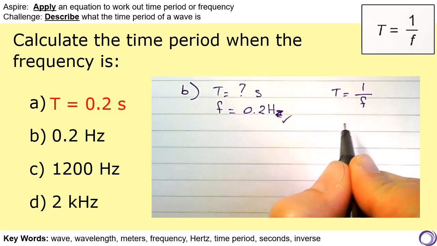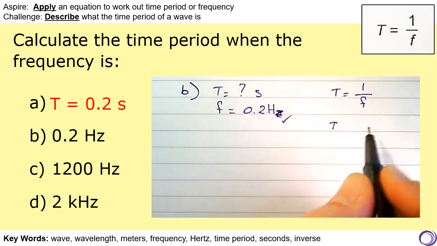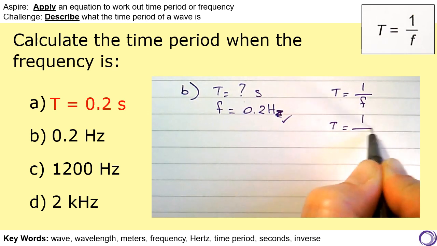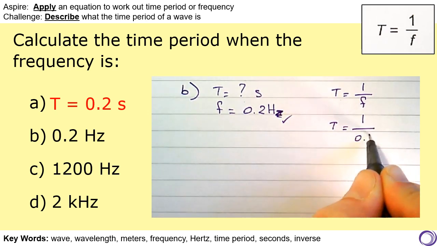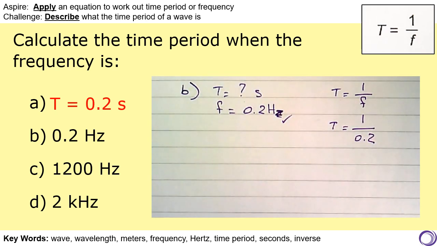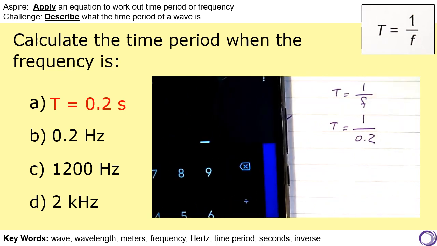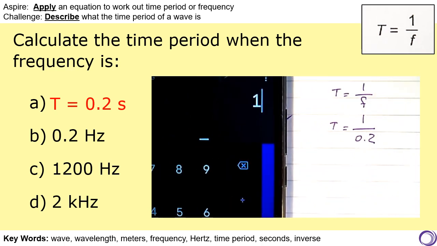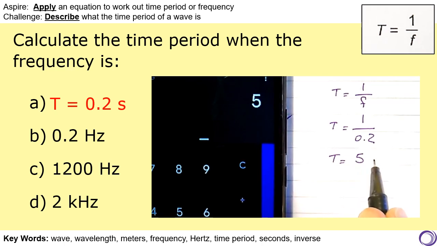Next, I substitute the numbers in. So T is my unknown, equals 1 divided by 0.2. So I get my calculator, and I do 1 divided by 0.2 equals 5. So my time period is 5, and the unit is seconds.